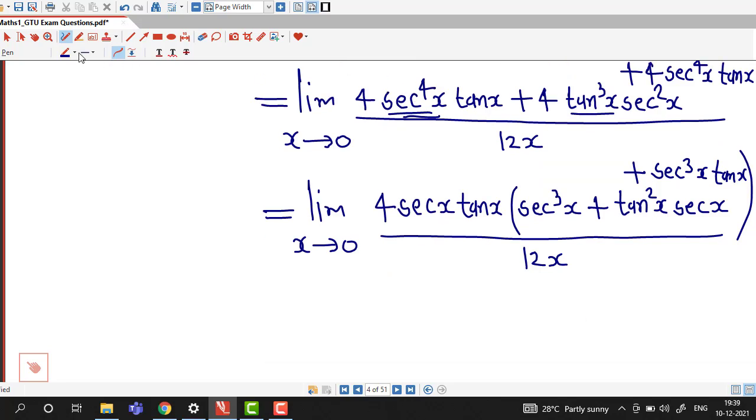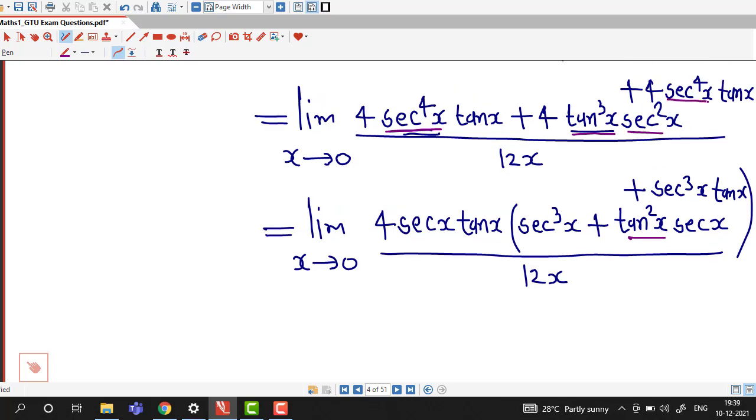I am taking 4 sec x into tan x common, so here I will be left with sec cube x. Here I will be left with tan square x into 1 sec x, and here I will be left with sec raised to 3x only, because tan x is outside, so it is sec raised to 3x only.